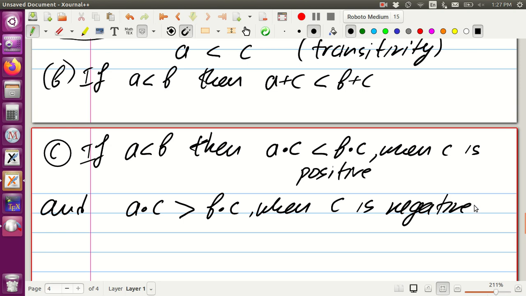So what does it tell us? If we multiply both sides by a positive number, our inequality stays the same, but if we multiply by a negative number, we have to reverse the sign of the inequality.